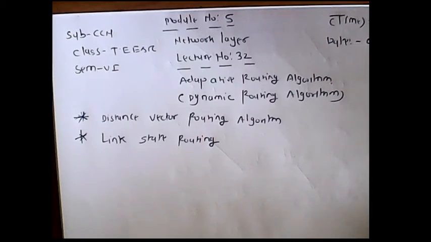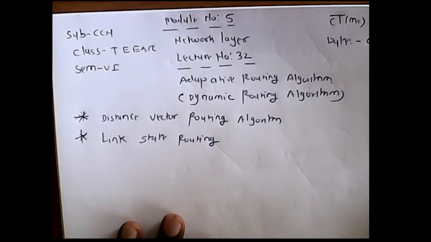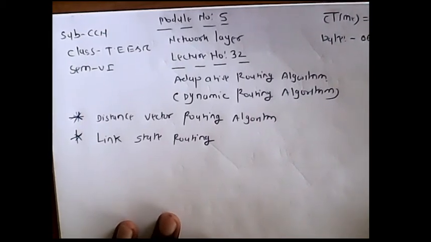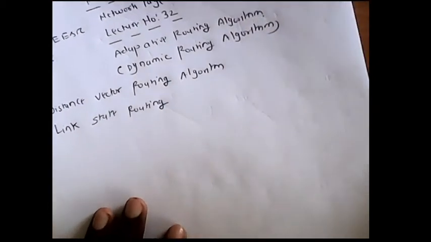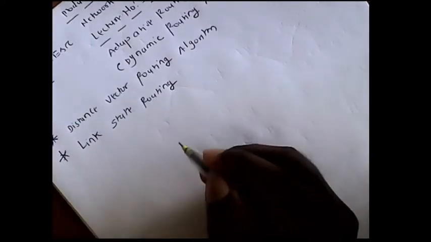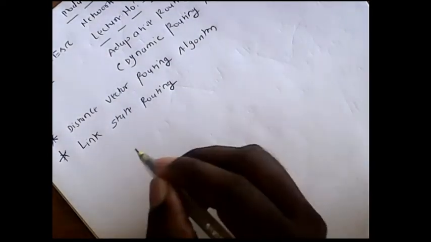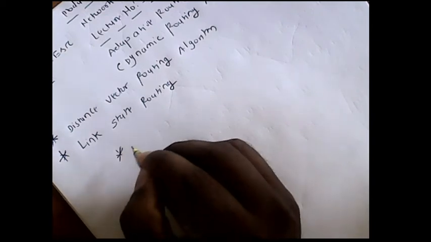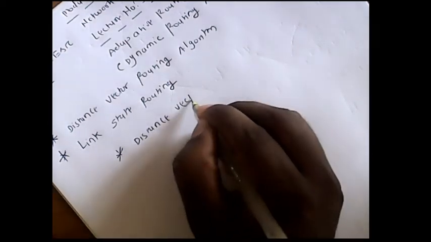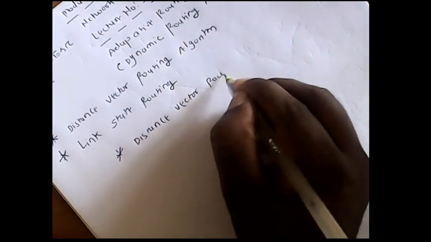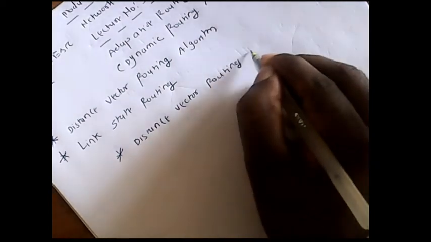There are two types of adaptive routing algorithm. The first one is the distance vector routing algorithm and the second one is the link state routing algorithm. First we go to the distance vector routing algorithm.